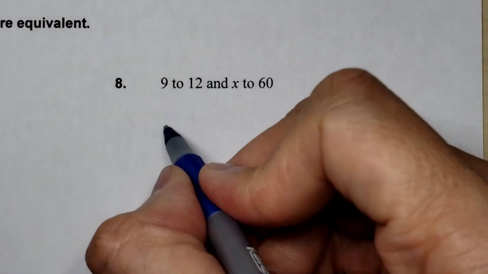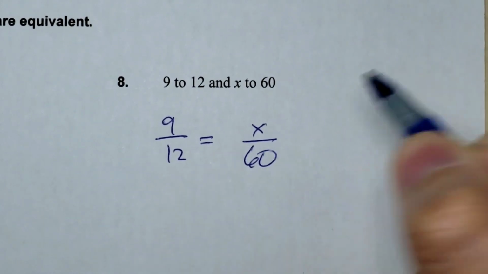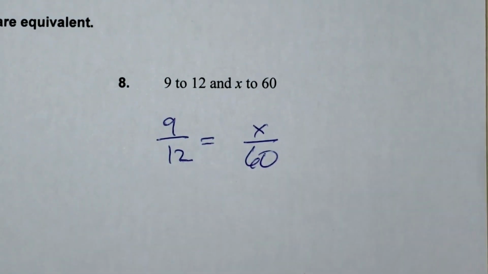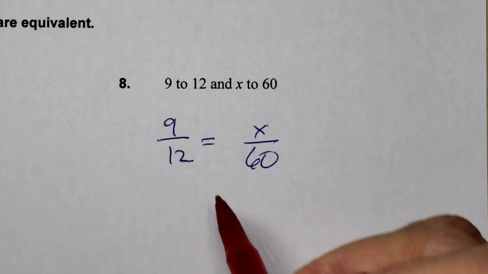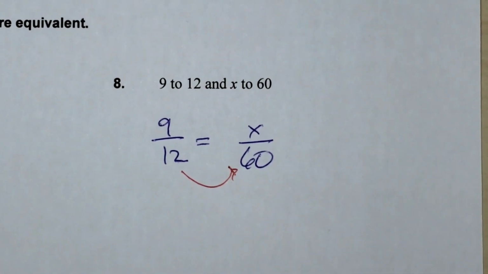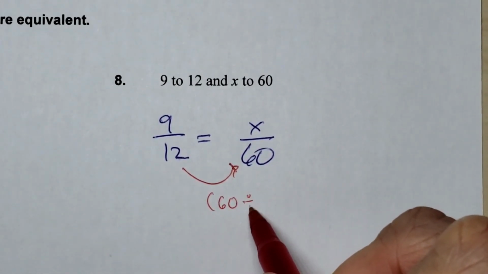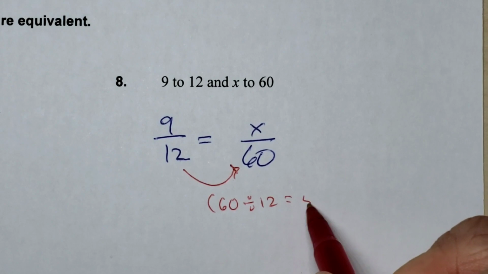All right, now let's do number 8. We got 9 over 12 is equal to x over 60. Now we can do mental math if you want to. 12 is multiplied by what number to give you 60? If you do not know that, you can just divide 60 by 12, and that gives you 5.